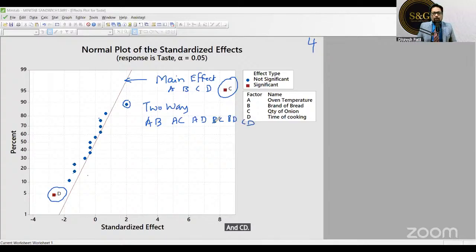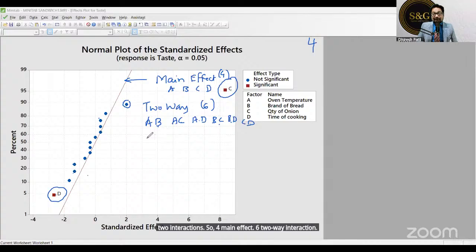You can see all the combinations have been found. AB, AC, AD, BC, BD and CD. All the double combinations I have found. So 1, 2, 3, 4, 4 main effects. How many two-way interactions? 1, 2, 3, 4, 5, 6. There are 6 two-way interactions. So 4 main effect, 6 two-way interaction.